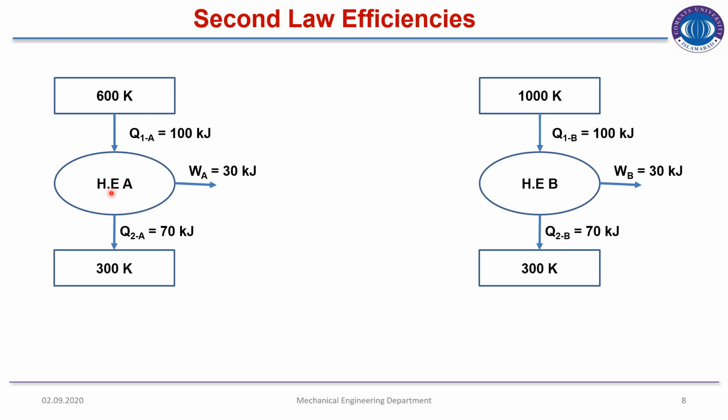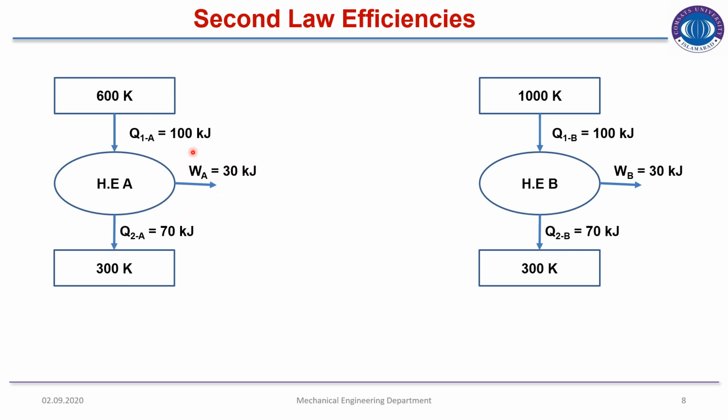On the left hand side it is heat engine A, and on the right hand side we have heat engine B. First we will discuss how heat engine A is constructed. The source temperature for heat engine A is 600 Kelvin, and the sink temperature for heat engine A is 300 Kelvin.